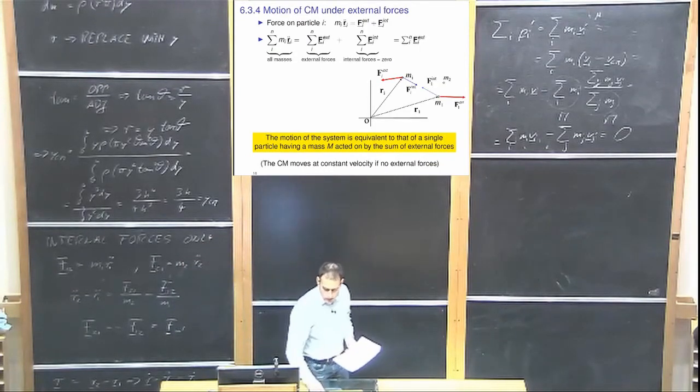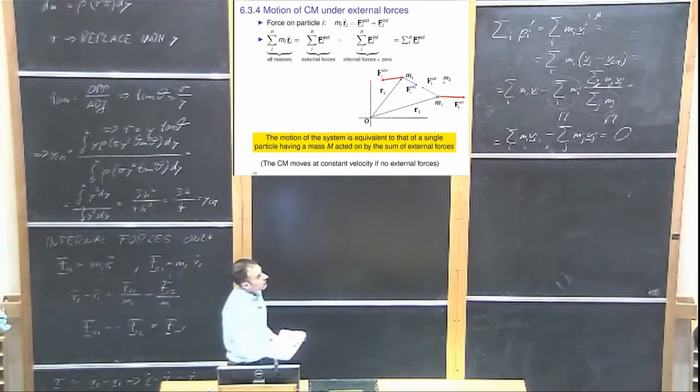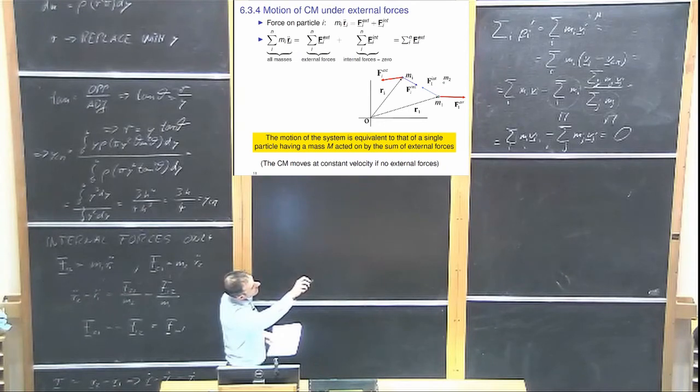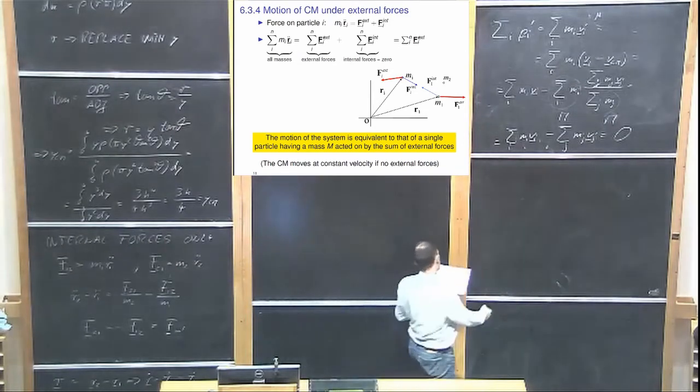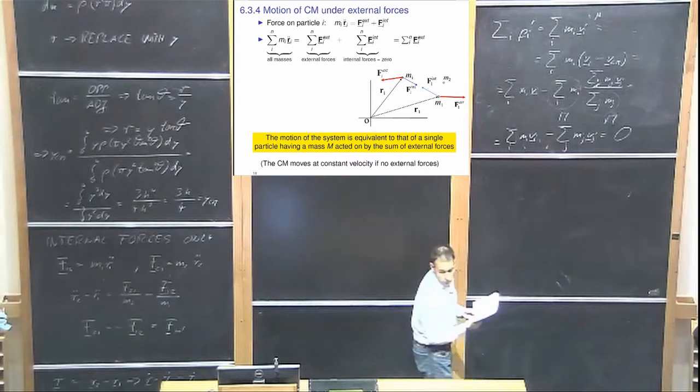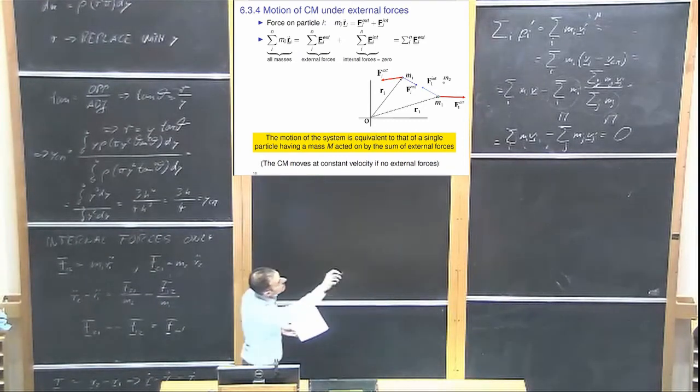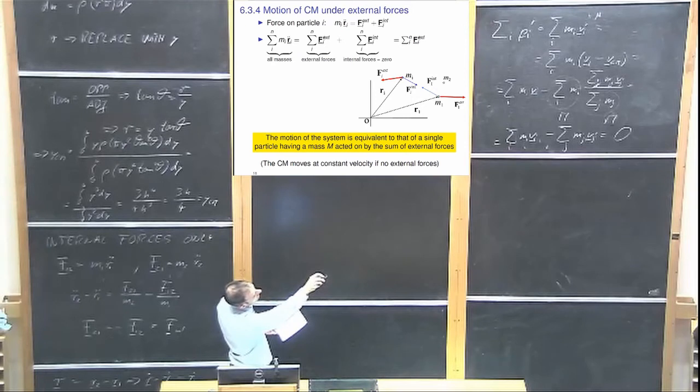Now we have the force on a particle i: m_i r_i double dot equals F external plus F internal. So this is just the internal forces and the external forces. Now, if we do the summation over all, it's important to notice that we just do the sum of all here, sum over i. This is over all masses.